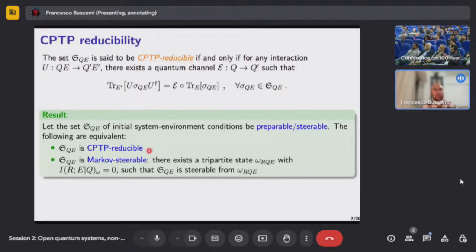That is to say, for any joint interaction, there exists a quantum channel that describes the reduced system evolution. And the other condition is that this set is steerable from a Markov tripartite state. That is to say that there exists a tripartite state omega, which is able to steer the set of initial conditions, and at the same time satisfies the Markov condition, in the sense that the environment and the reference are independent given the state of the system.